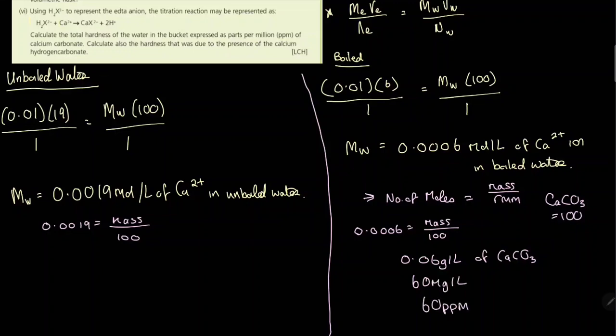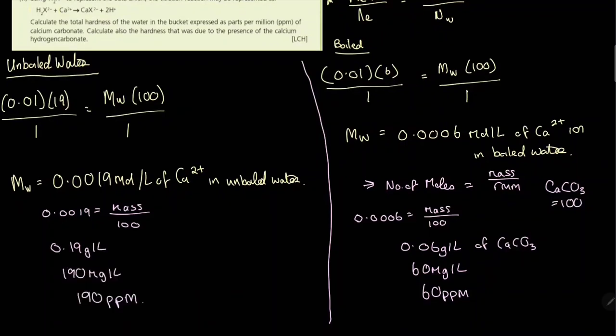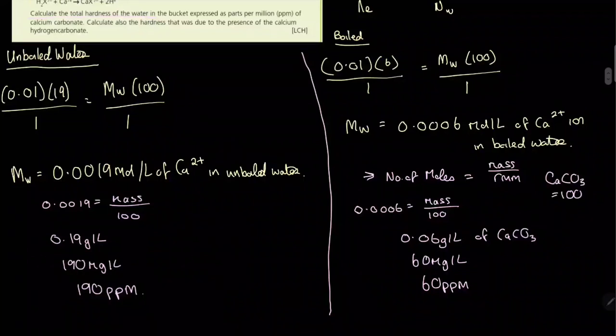And I'll quickly just pause and write in the other side, which you've already seen. Okay, so the question asked, calculate the total hardness of the water in the bucket expressed as parts per million. And total hardness is when we haven't treated it at all. So there is a difference between permanent hardness and temporary hardness. And a way of removing the temporary hardness is by boiling the solution.